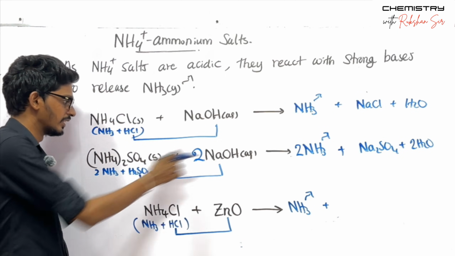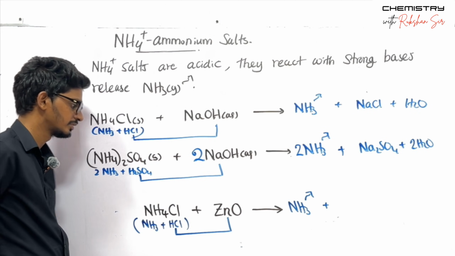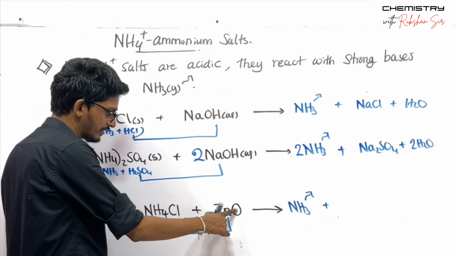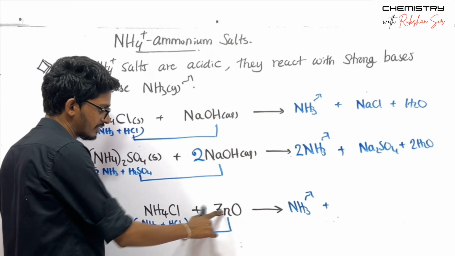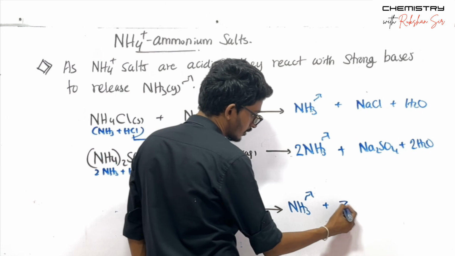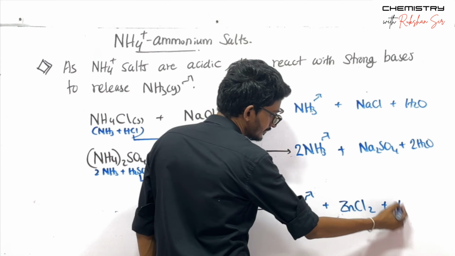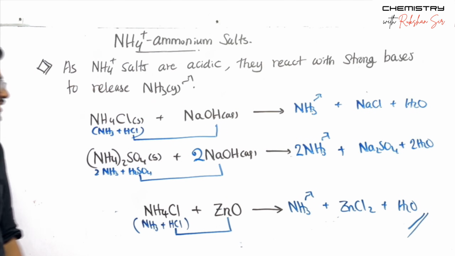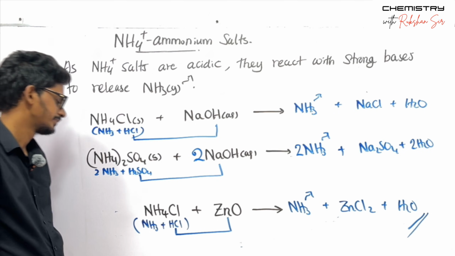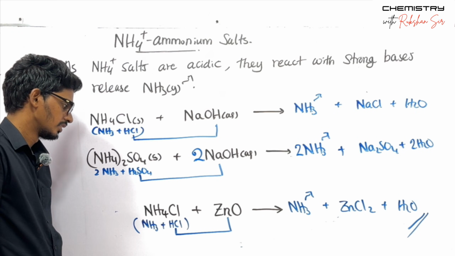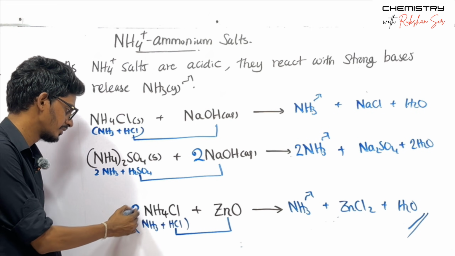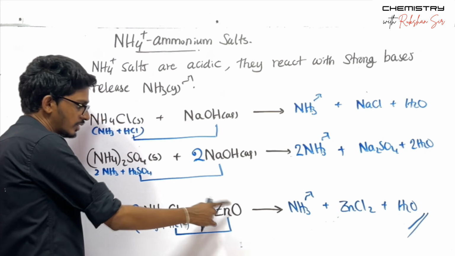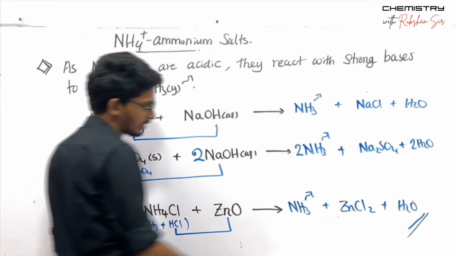So it will produce H plus and O2 minus, that means H2O, and Cl minus and zinc 2 plus will give you zinc chloride. You need 2 H plus to combine with the O2 minus.